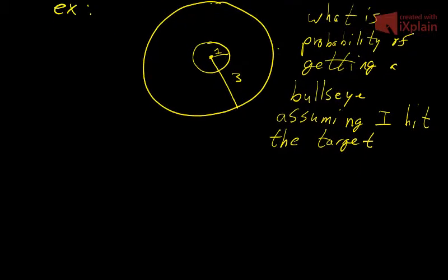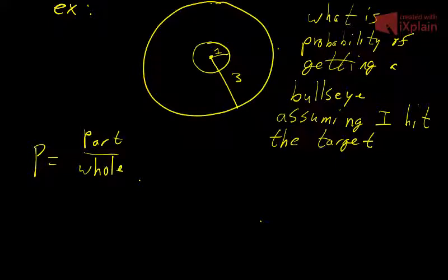So my probability is going to equal the part over the whole. So I have to think, when I'm aiming darts at a target, what am I aiming it at? And the answer would be the area. The area is where the dart can land, so I want to compare the areas. So for targets, we'll use area.